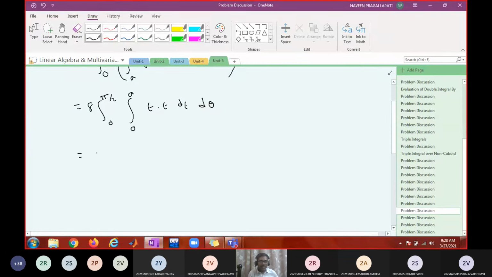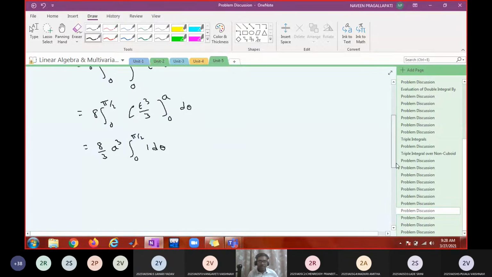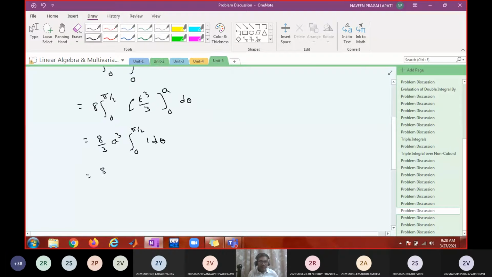So this is 8 times 0 to pi by 2. Integration of t square is t cube by 3 from 0 to a, d theta. So this is 8 by 3 a cube, 0 to pi by 2, 1 d theta. So this is 8 by 3 a cube theta from 0 to pi by 2.